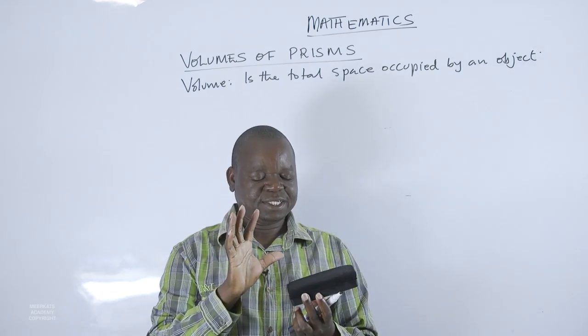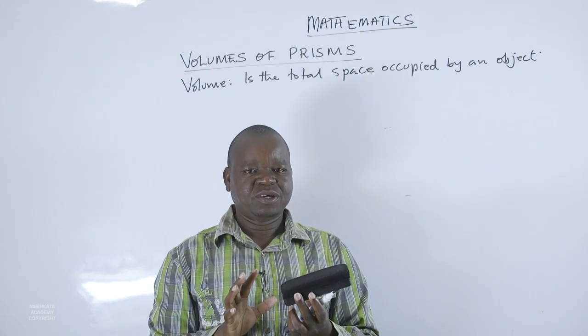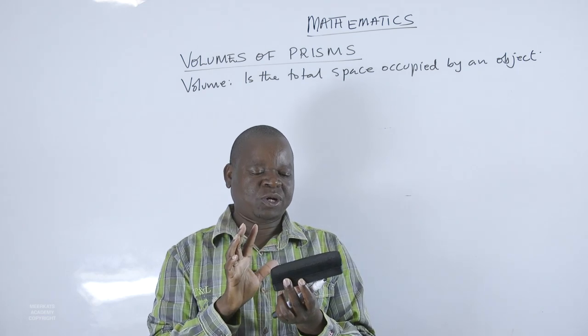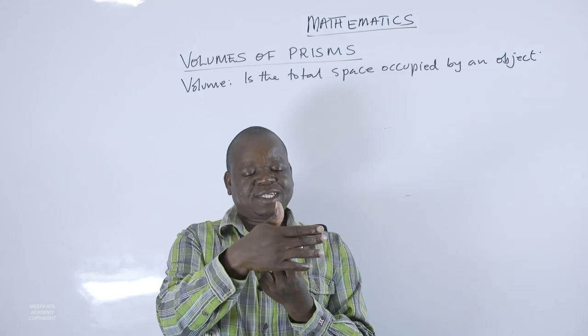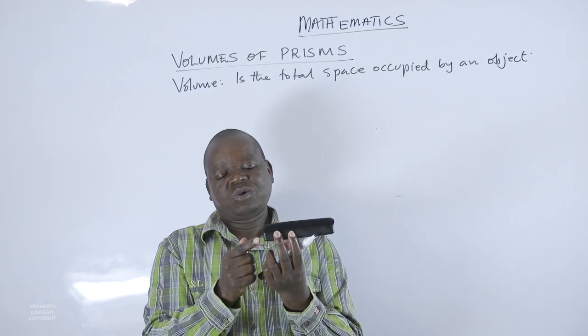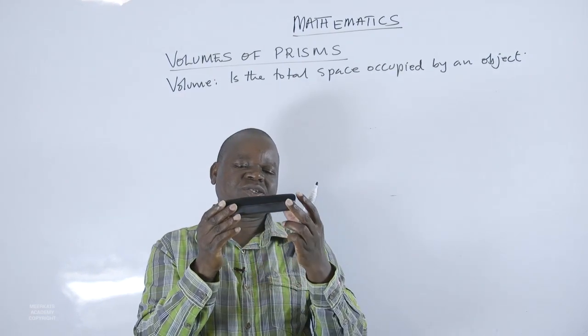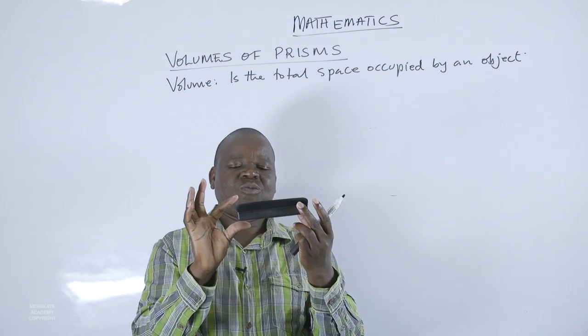So when we look at that particular object, we look at the three dimensions of measurements, which define length, width, and then height. And such a figure is known as a cuboid.